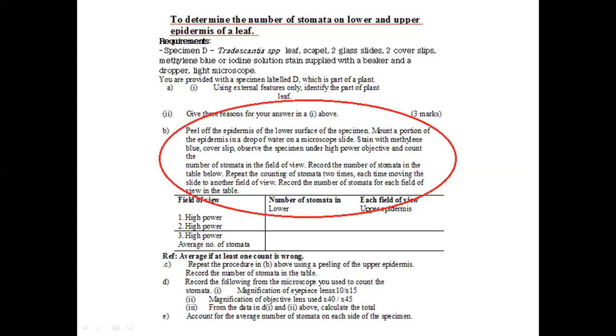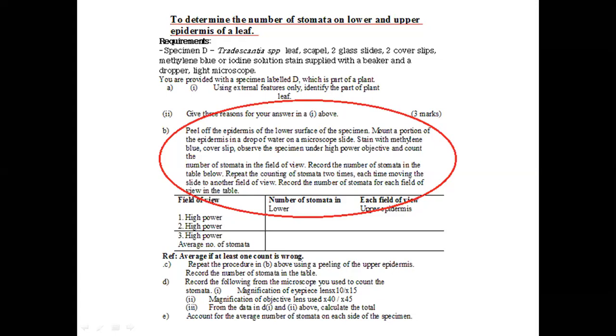One of the questions that one may be asked is, number one, to determine the number of stomata on lower and upper epidermis of a leaf. Now, if an examiner wants you to determine the number of stomata, and a student doesn't even know how stomata look, that will become a challenge from the word go.